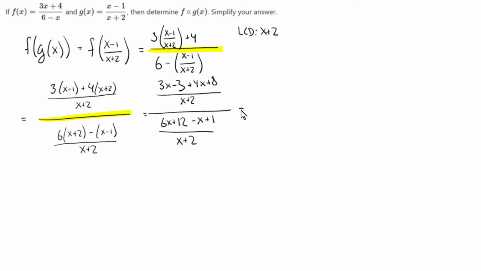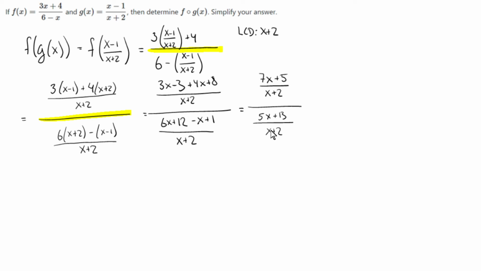And we can now combine like terms. We have 3x plus 4x, that's 7x. We have negative 3 plus 8, that's 5, over x plus 2. 6x minus x is 5x. 12 plus 1 is 13, over x plus 2.